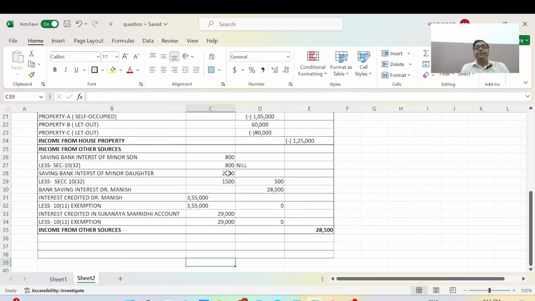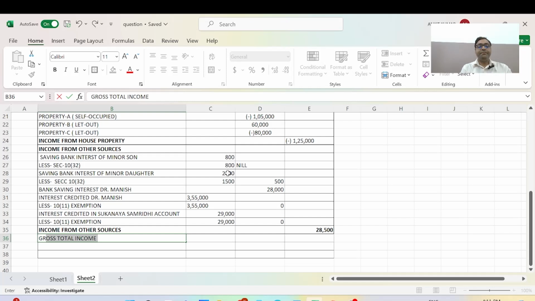Now we will calculate the gross total income.